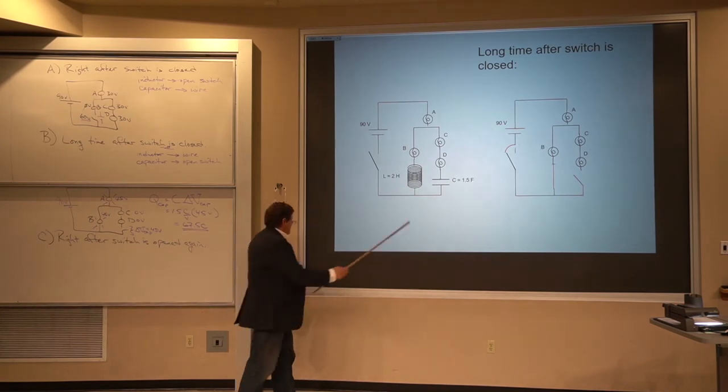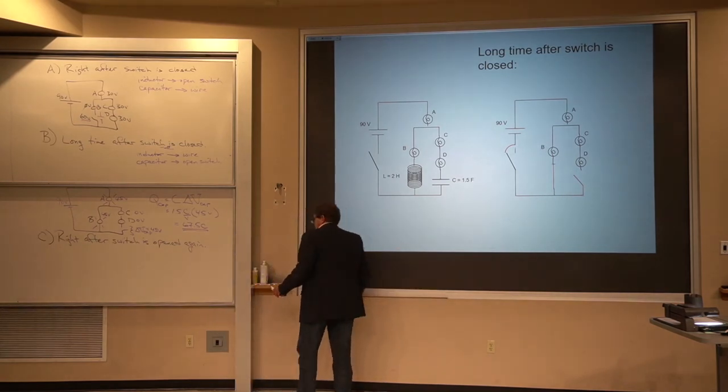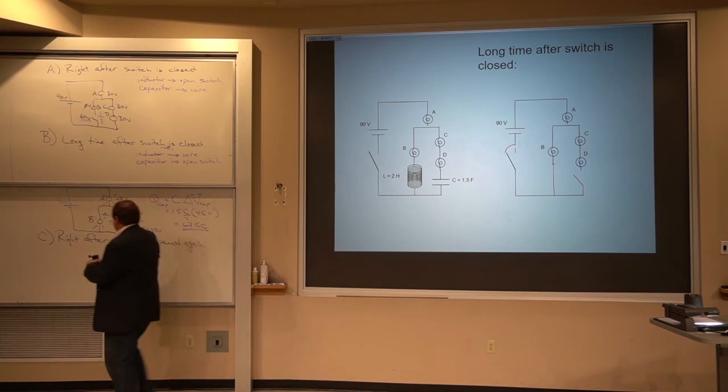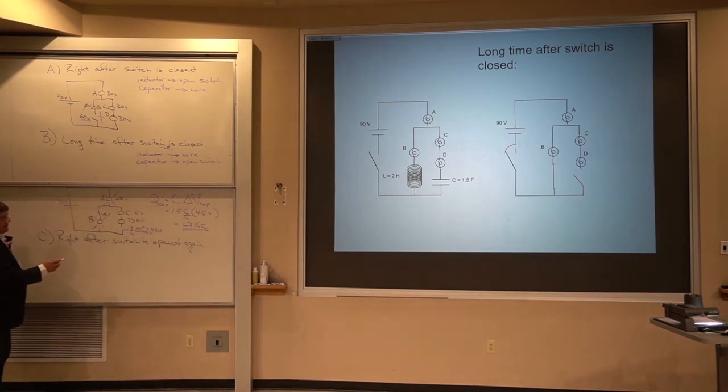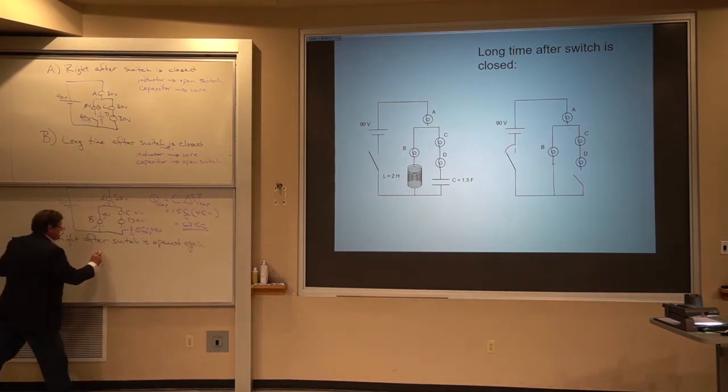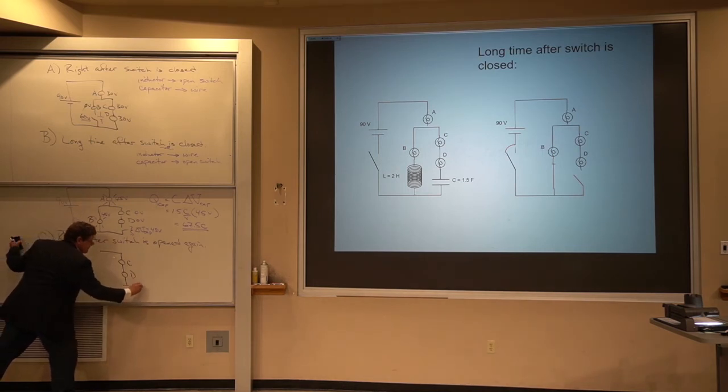Okay? Now, what can't change? Well, the only part of the circuit that's still intact is, I've got C, I've got D, I've got a capacitor that's charged up to 45 volts, positive on this side, negative on this side.